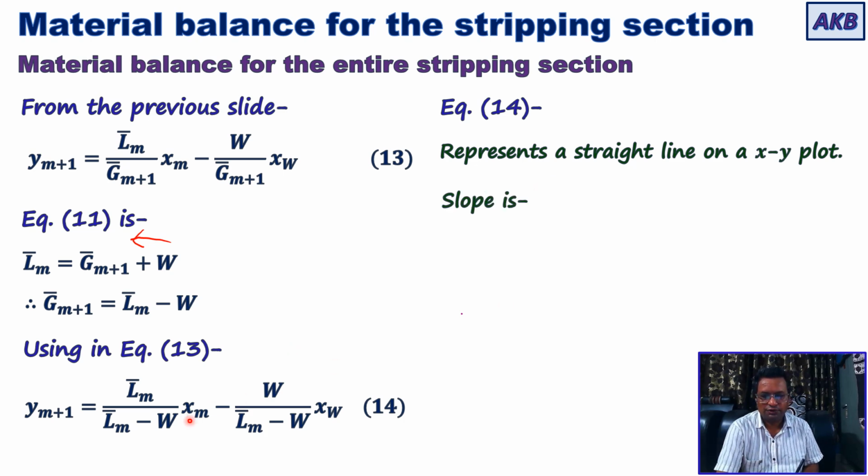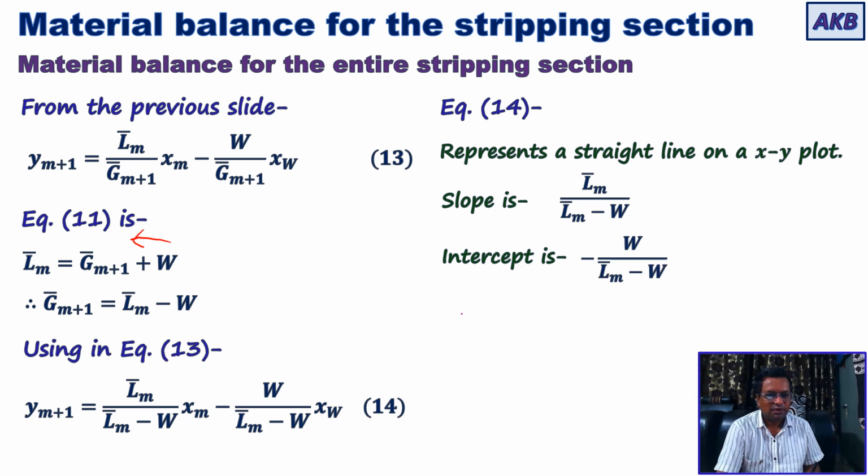The slope for this line will be L̄_m upon L̄_m minus W, and intercept will be minus W upon L̄_m minus W. Again, this line, if you plot it on XY plot, it will be a straight line, and slope for this will be L̄_m upon L̄_m minus W, and intercept on it will be a negative intercept, in this case minus W upon L̄_m minus W.